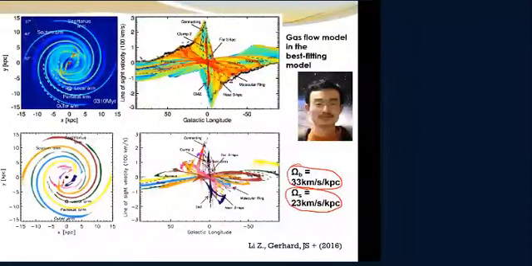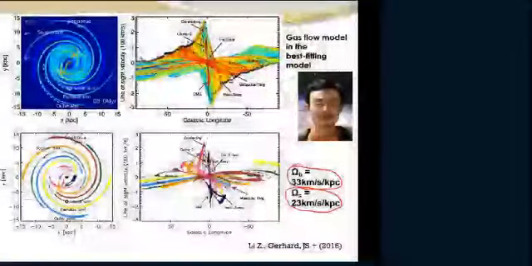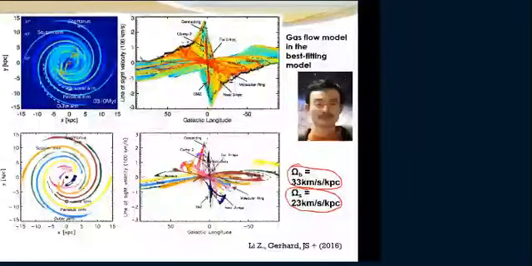The top is the face-on view of the simulation results, and you see the bar is somewhere here. Under the influence of the bar, the gas will be driven towards the center and often form a nuclear ring in the central region.